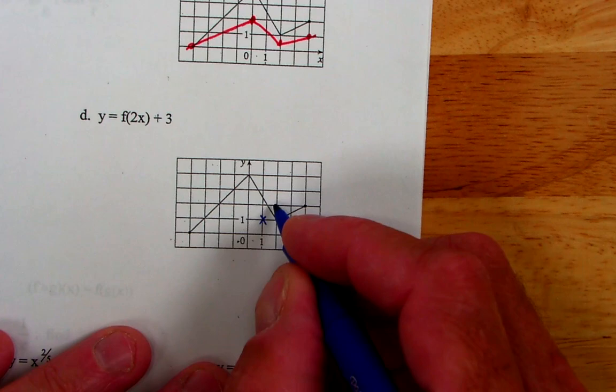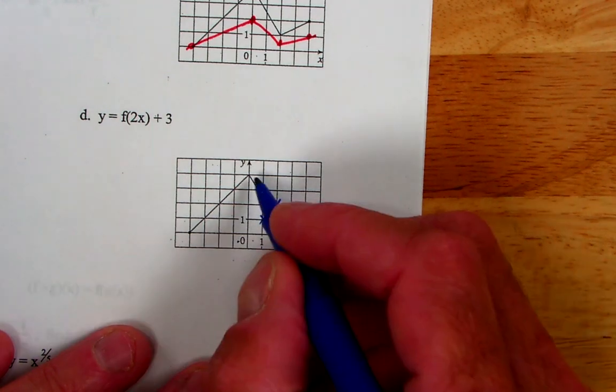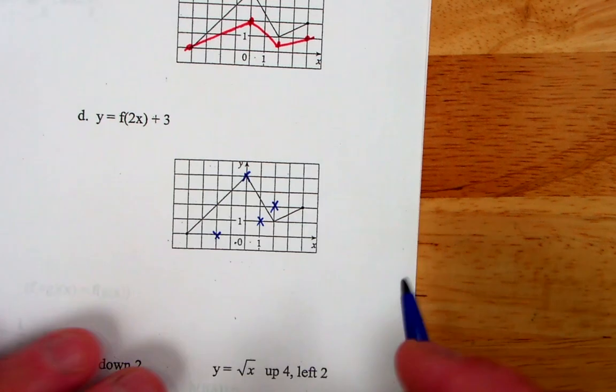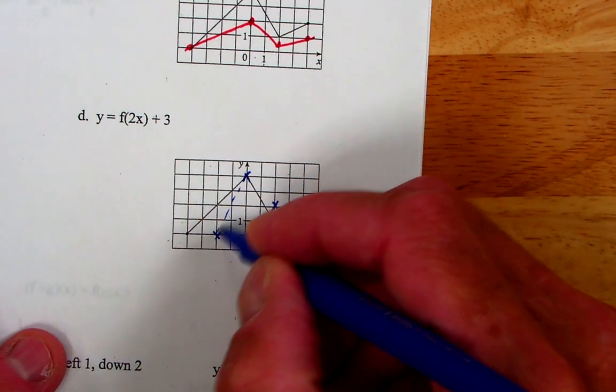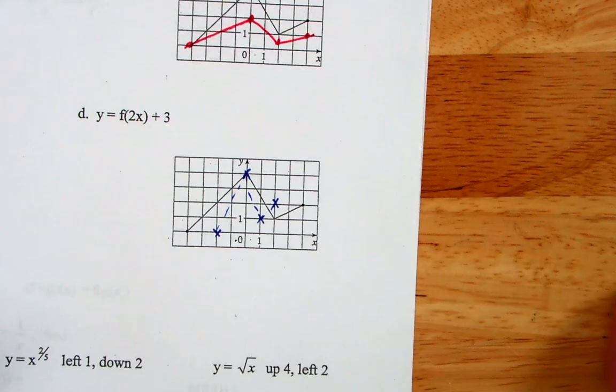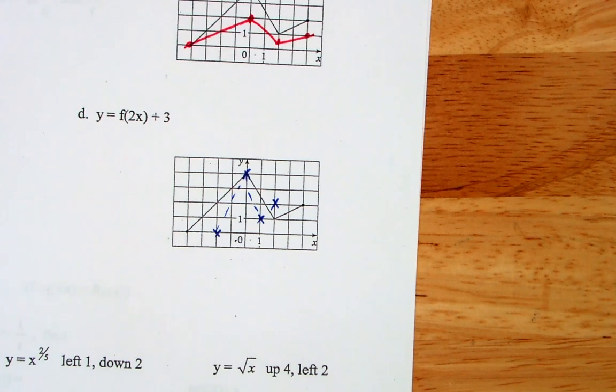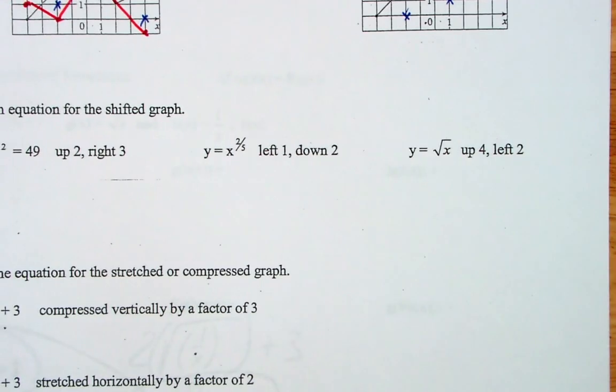That's 4 away. Now it's 2 away. That one stays the same. This one moves in. So everything, I'll plot this just so you can see it visually. Everything went. Got it? You okay? Good. Okay. Now what do I do with each one of those? Up 3. Okay.